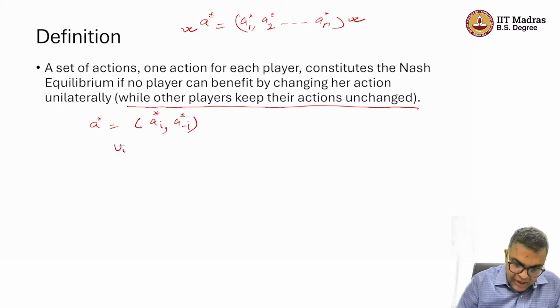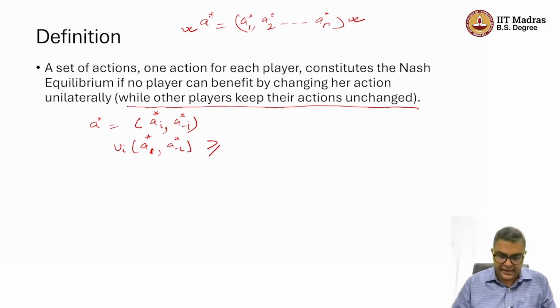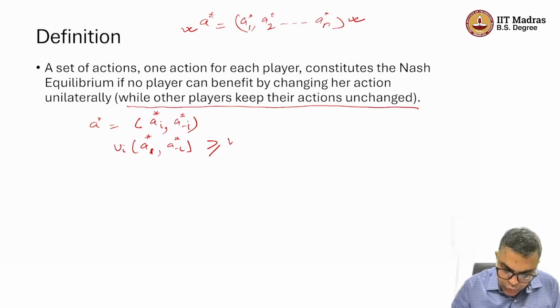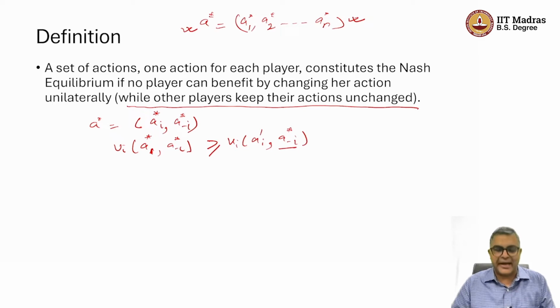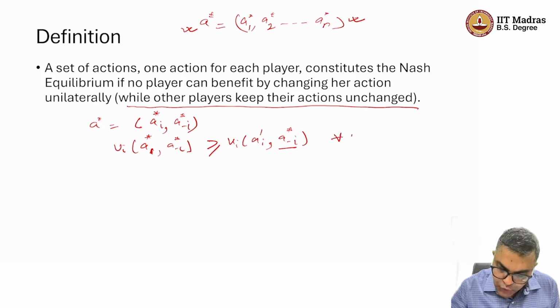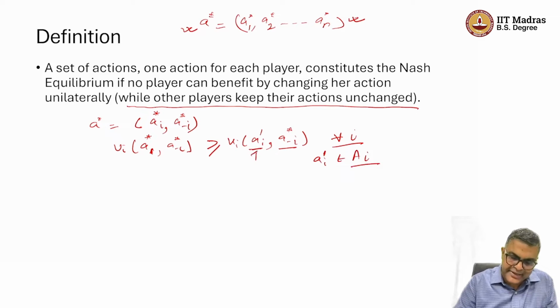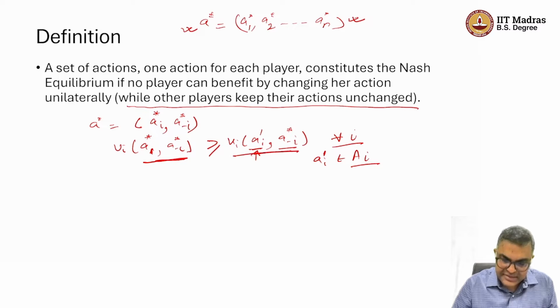So we can say u_i of A star always gives player i more than or equal to any other action A i dash, while other players keep on playing A minus i star. It has to be true for all i, for all the players. Further, this has to be true for all A i dash belonging to A i. So you can take any action of this player; still, it has to give at least as much as this one.